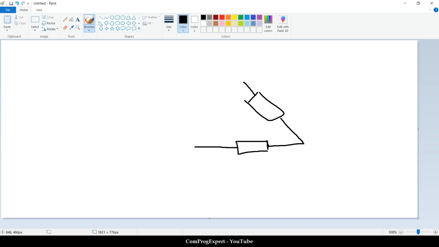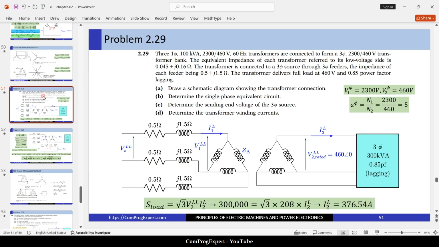Z equivalent for the low voltage side is equal to 0.045 plus j0.16.